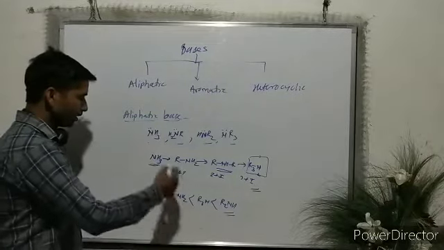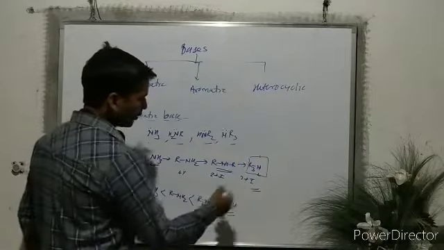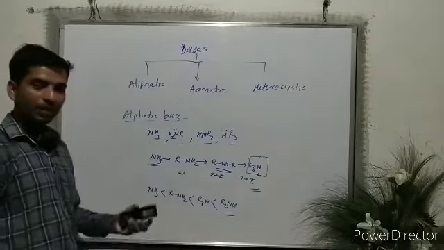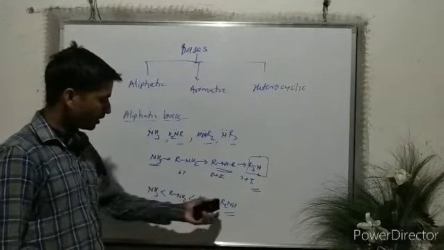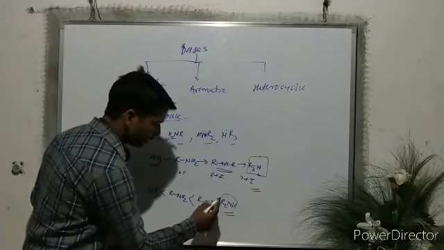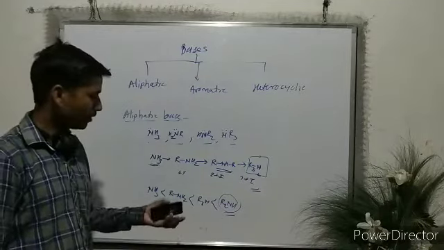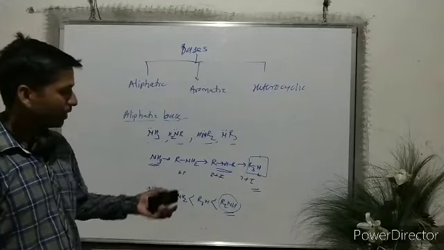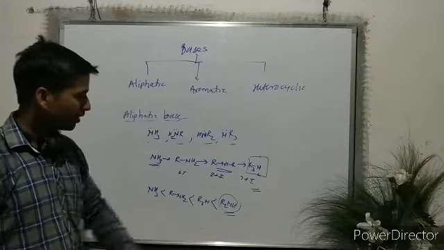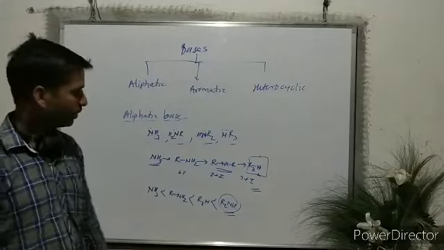So other than the plus I effect or donating effect, there should be some other effect that changes the trend and makes the secondary amine the stronger base. Let's see what effect makes this a stronger base.